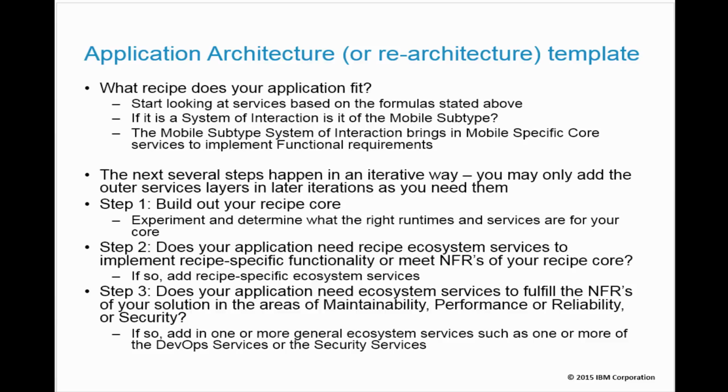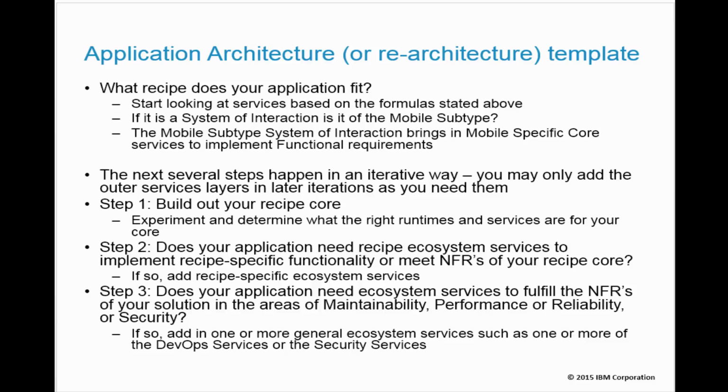So first of all, you'd start off with building your core. Now, your core may just start off with a runtime and a data store, and all you may do there is, let's say, build a unit test to build out your first microservice, and we'll talk about how to build that later, and store it in a database, and that might be enough for your first iteration.